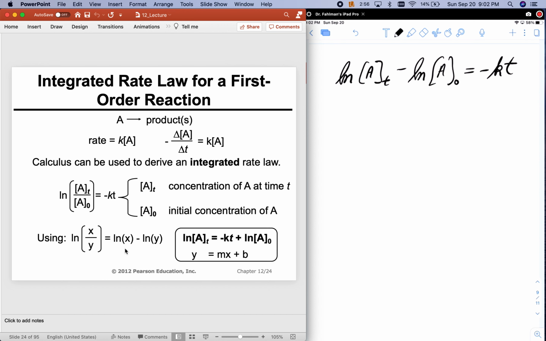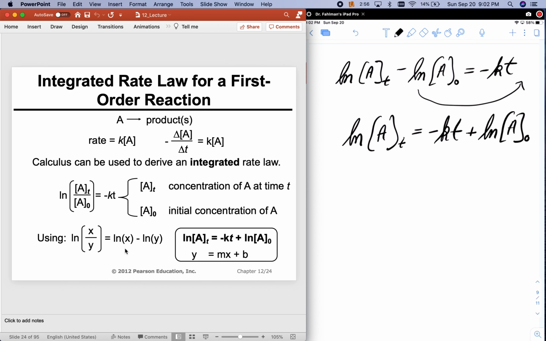Then we can just take this over to the other side, and that's where they have this form: natural log of A is equal to minus kt plus natural log of A naught.